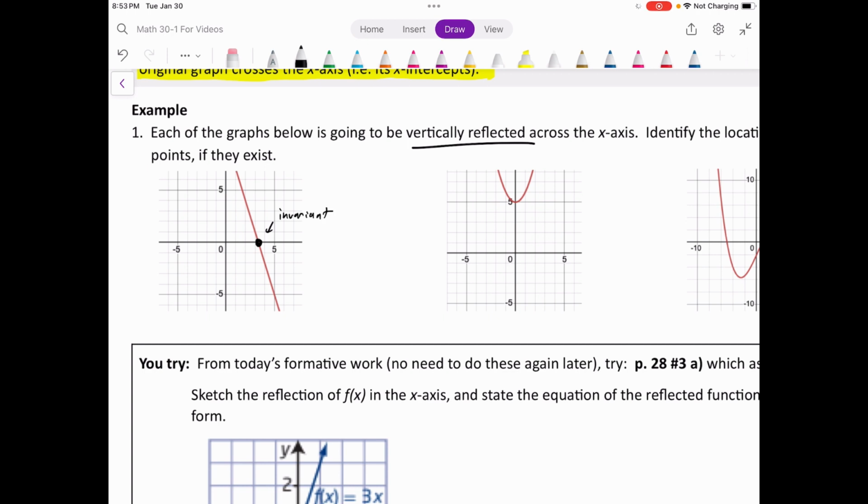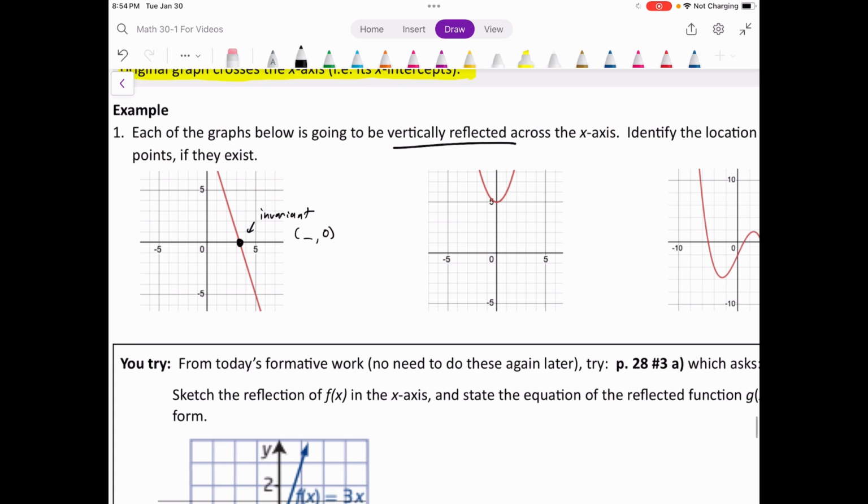Because if I multiply that y value by negative 1, it's still going to be 0. The y value is 0 there. Can't quite tell what x is, but y is 0. Anything times 0, including negative 1 times 0, is still 0. So that point will not move. The reflection will end up looking something like that. That point will still be there.